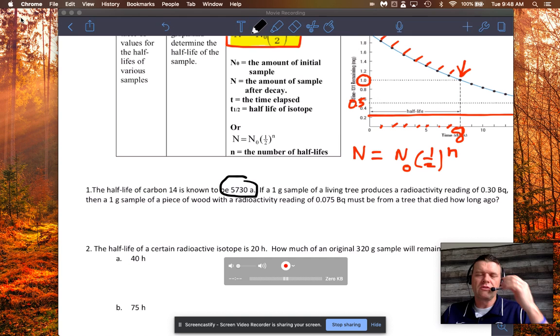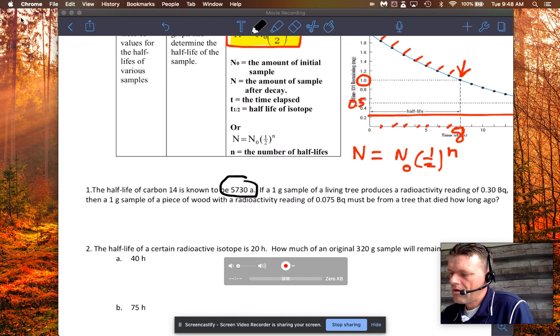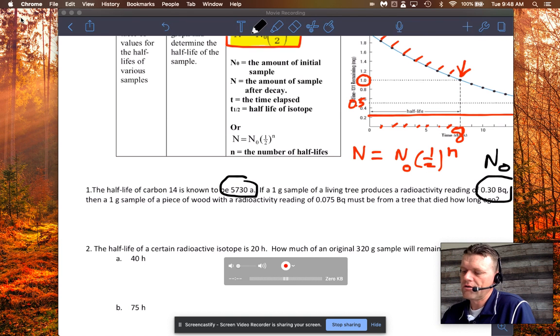And plants do that too. And so the ratio is stable. And then when you die, you stop living, and so you're not exchanging your carbon atoms for new ones. Anyway, so this 0.03 BQ is going to be our original amount, N0.